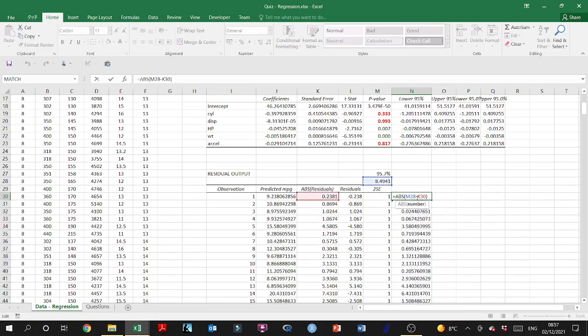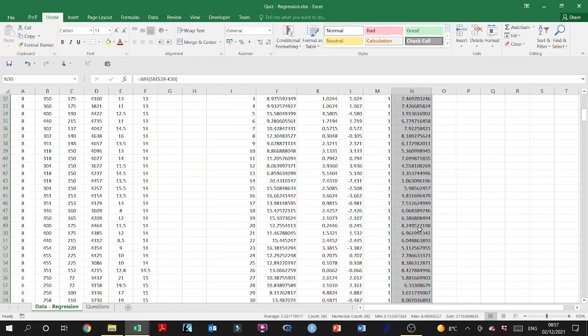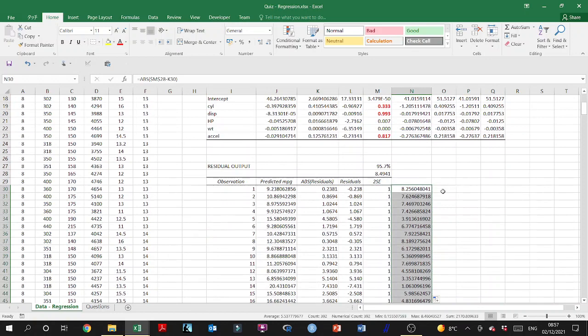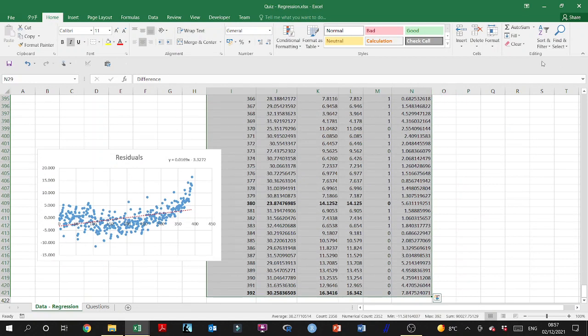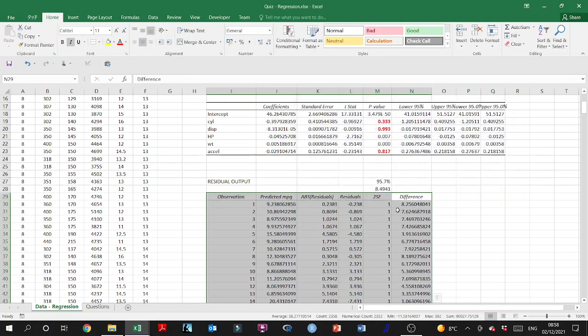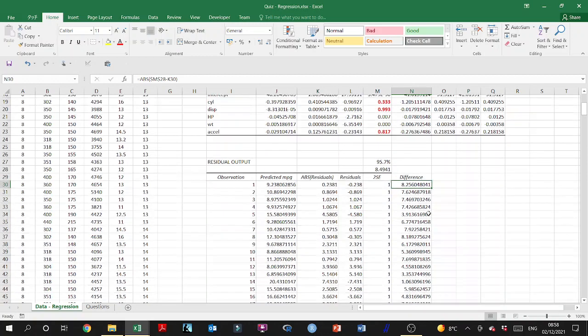I'm doing it because I want to be very precise here. So here's the difference. And now I'm going to do this. The idea is I would like to find out which items have the largest difference.